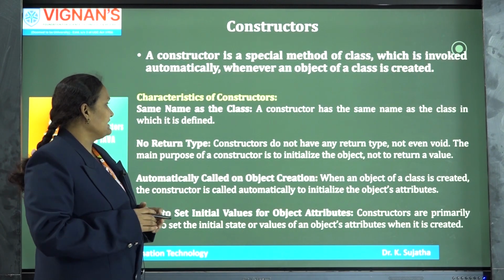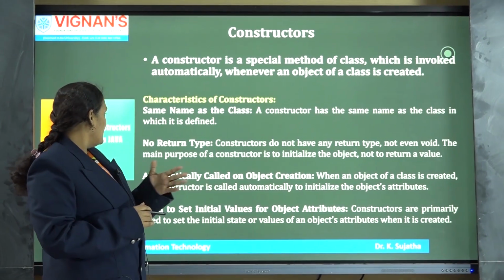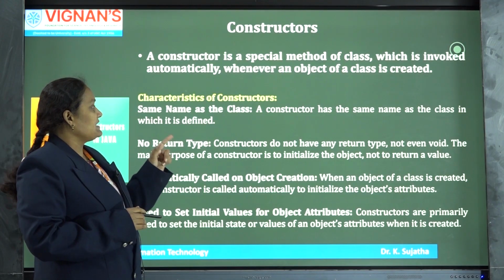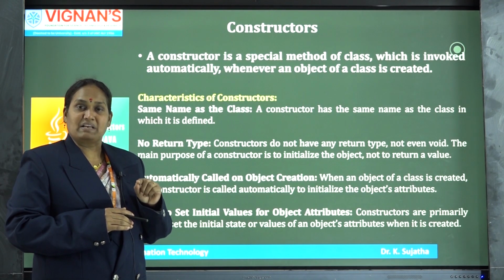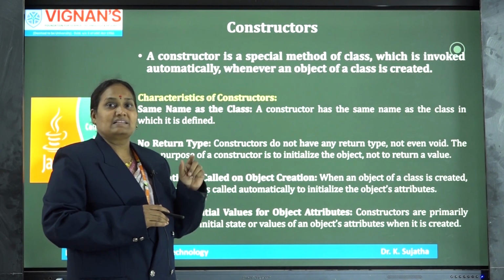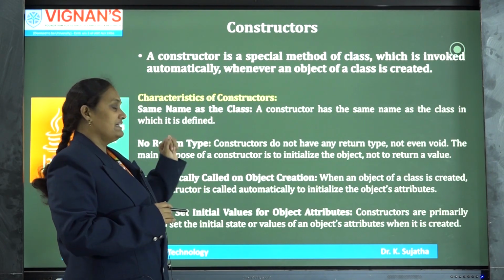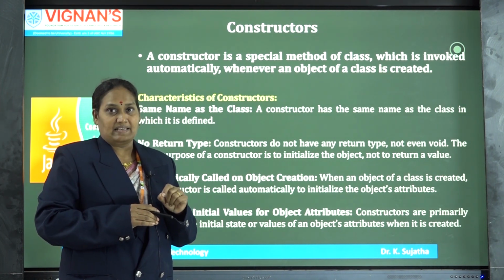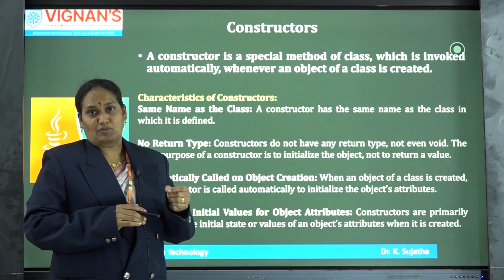Coming to the characteristics of constructors, here I have represented four characteristics. First, same name as the class. Whatever name I give to the class, the same name should be present for the constructor. Second, no return types. We say that a constructor is very similar to a method and is a special method of a class.